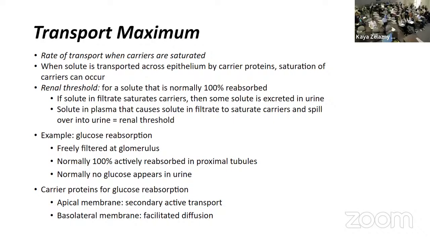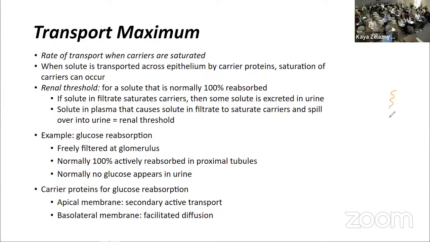There's only so much glucose that a transporter can actually carry, right? You have a limited number of these proteins embedded in a cell wall, and at some point they're going to be full. So if we have our cell, I'm just going to draw the apical membrane, our tubular fluid here.